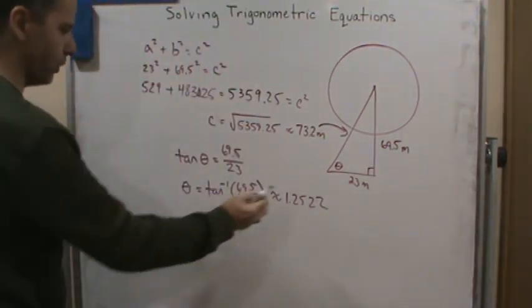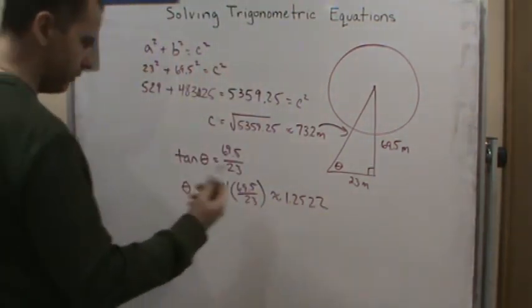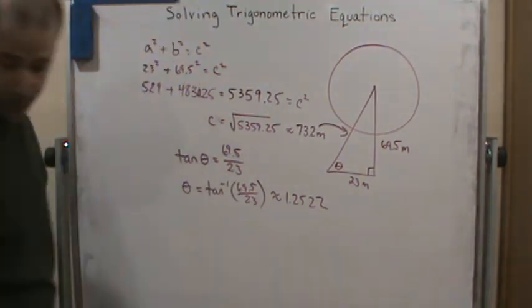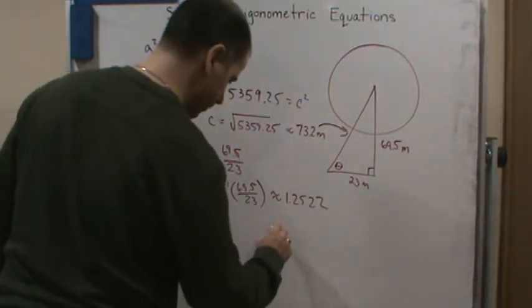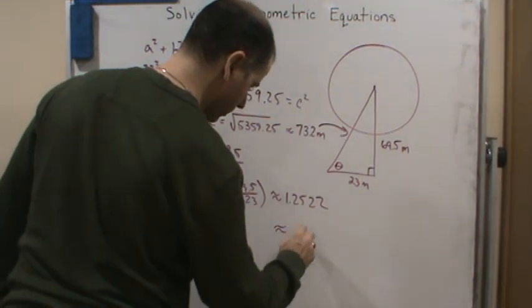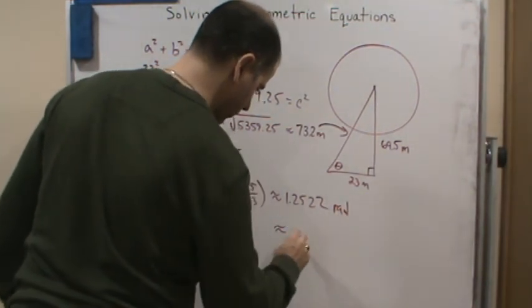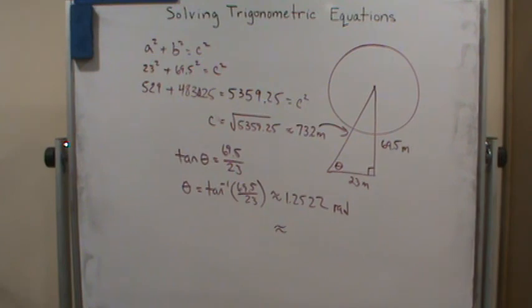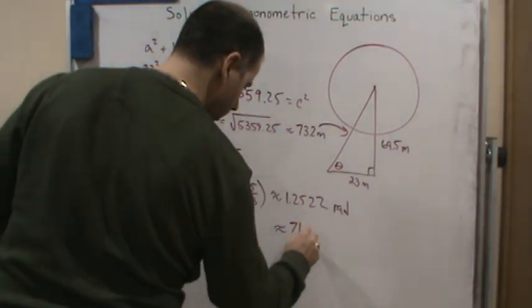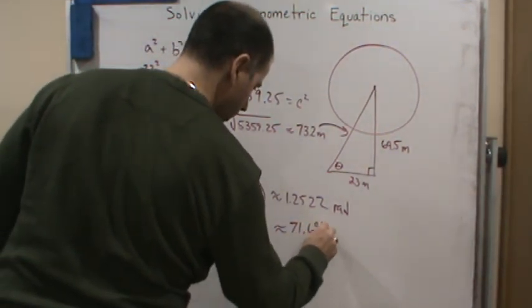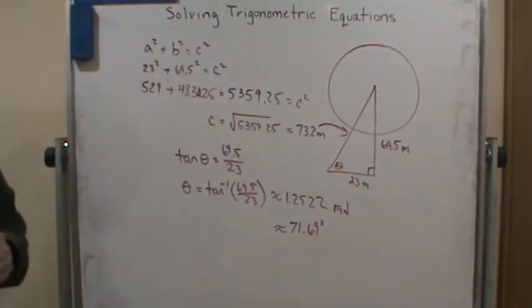And so this is in radians. So if I convert to degrees, then that's going to be approximately 71.69 degrees. And that's the answer.